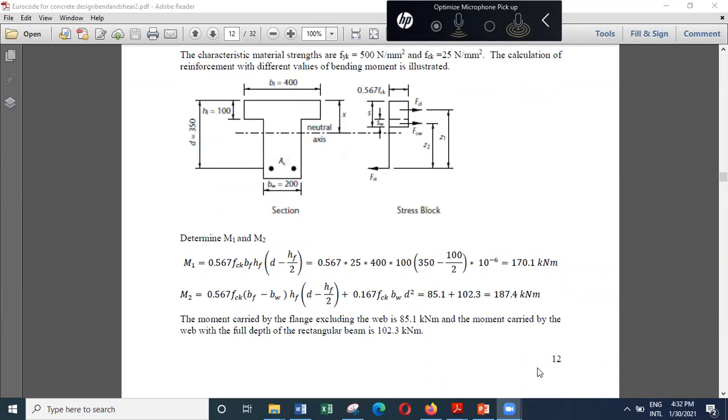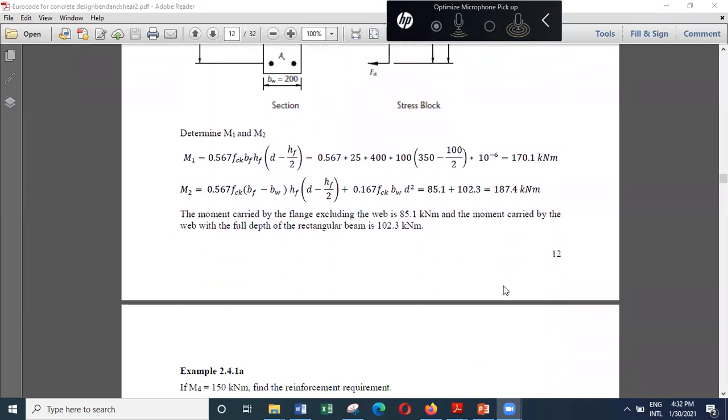And then if you consider this value, it consists of a moment of 85.1 carried by the flange and a moment of 102.3 carried by the web. So total of 187.